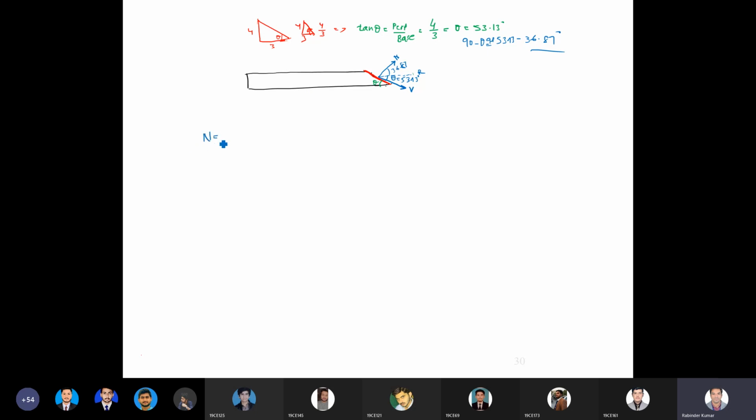Now tell me, if I want to find this normal force N, how will I find it? Simple resolution of forces: N is equal to P cos theta. This is the force P, the horizontal component of force is N, and the vertical component is V. It's just a game of notation.